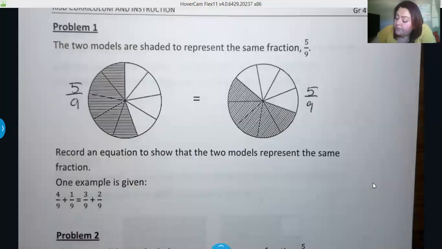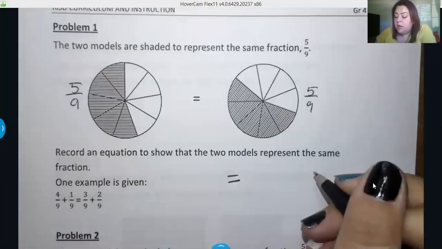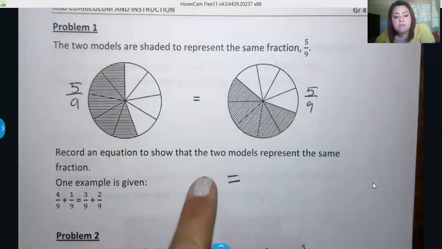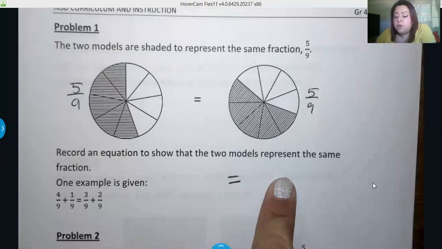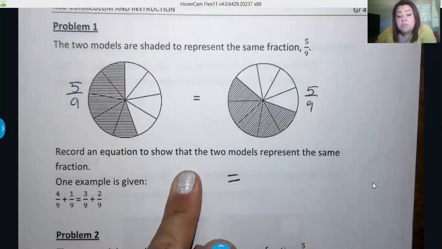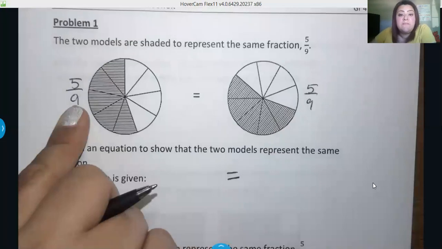Here's what we're looking for. That equal sign is still going to go in the middle. On this side of it, we're going to break this one down. On this side of it, we're going to break this one down. But we want to show that this side is equal to this side. So there's so many different ways I could break down 5/9, guys.